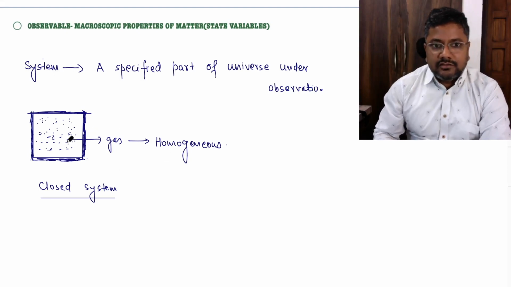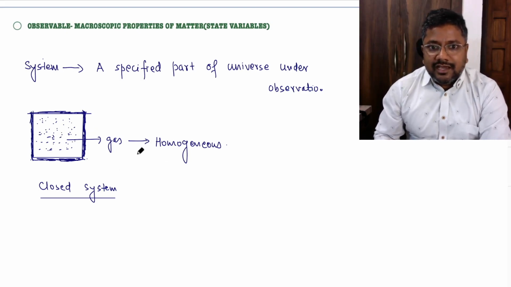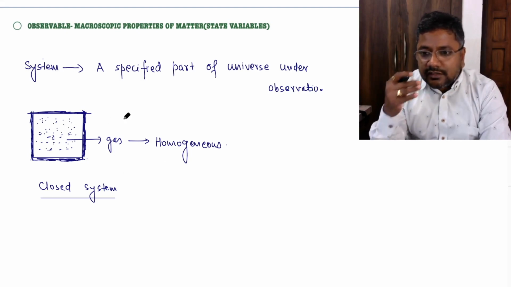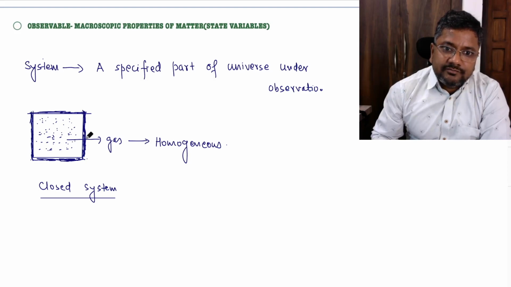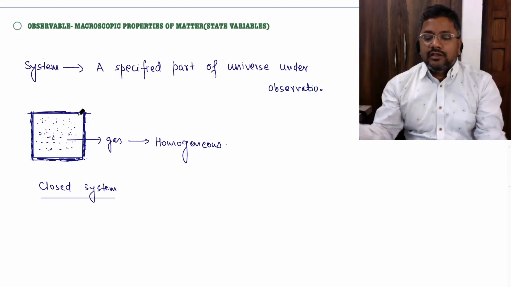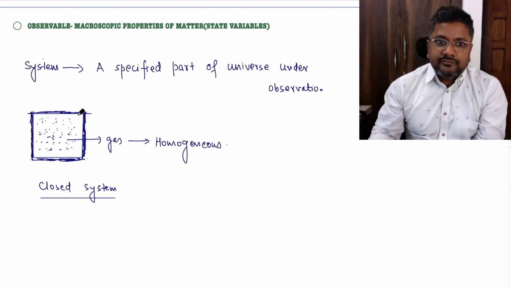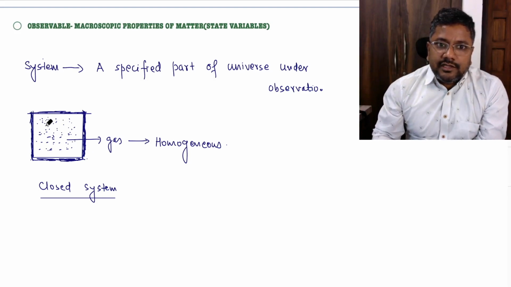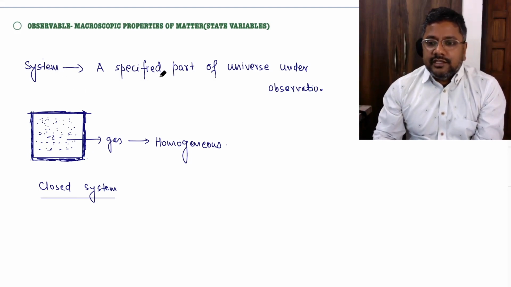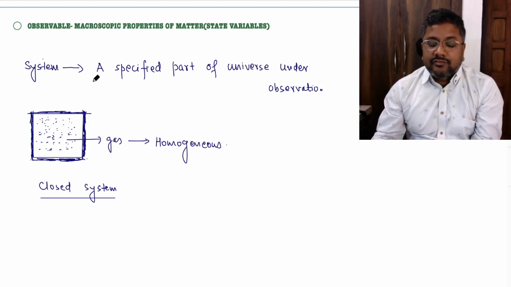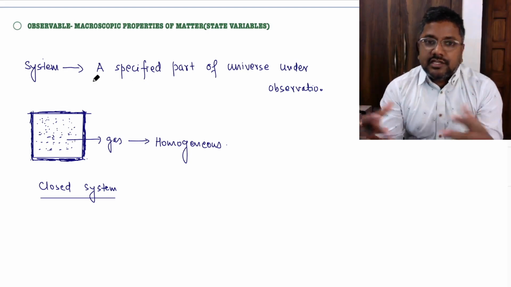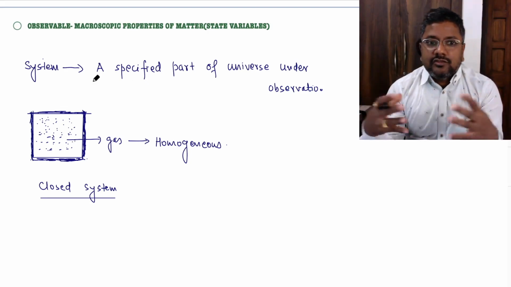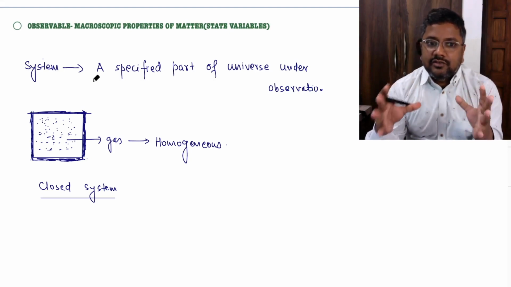Okay, good. So when you take this gas in a system, whatever we are going to talk about here is about this system, not about the whole universe, right? Every time you take any study of any phenomenon, any concept, any fact, you have to first visualize your system.